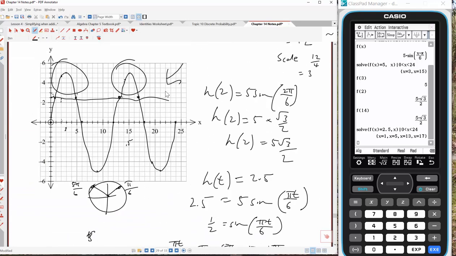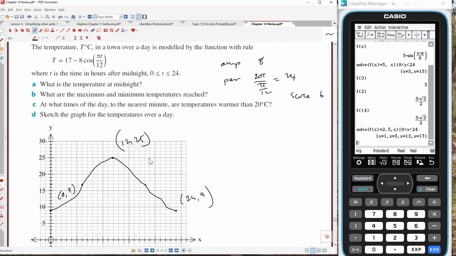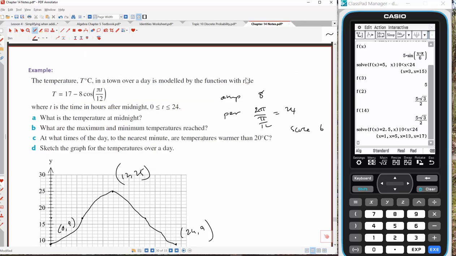Can you just update your graph with all the key features? Okay, what is the temperature at midnight? In the model rule, t is time in hours after midnight. So at midnight, that is when lowercase t is equal to 0, or the initial value, which in this case is 9 degrees Celsius.